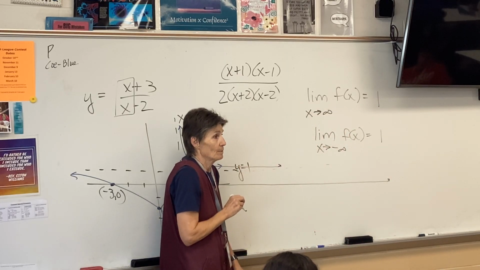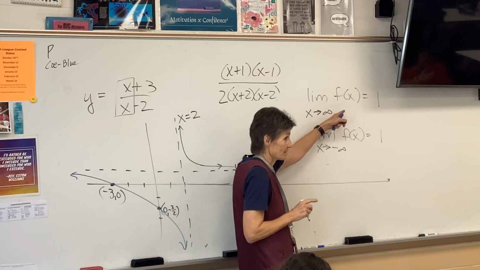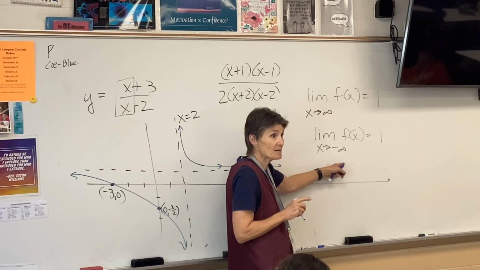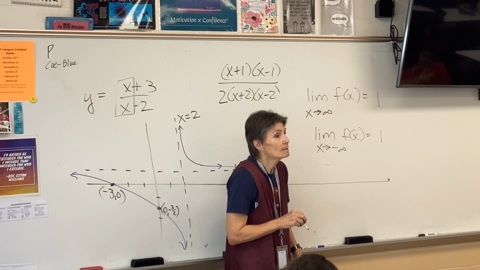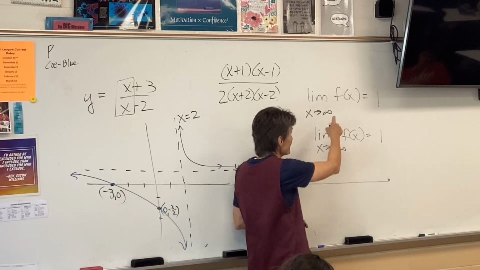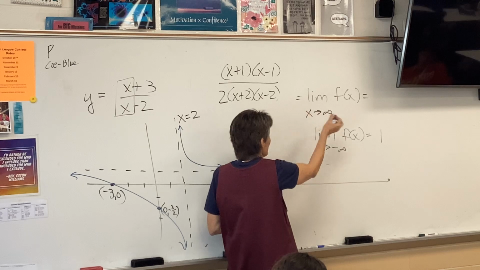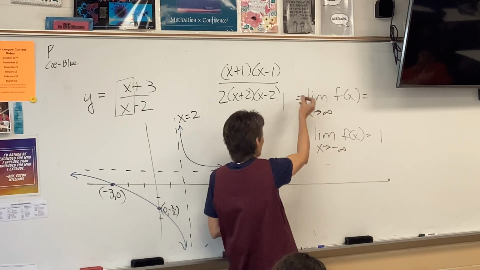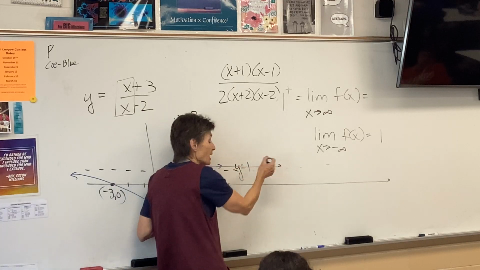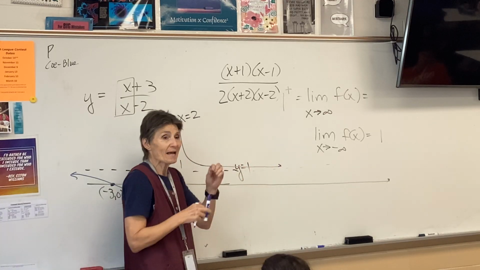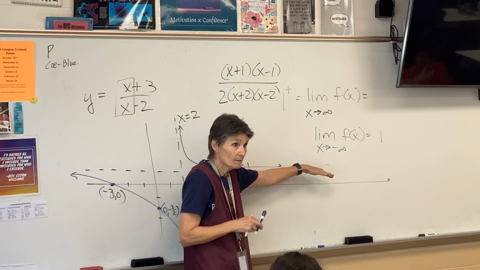Now, is there a difference between this approaching 1 and this approaching 1? What is it, Alden? One's getting closer. Exactly. So this one, and I know I'm right under the TV, so I'll put it over here. But this one is approaching 1 from the top. So we'll put a little plus sign on it, because as Alden said, I am getting smaller.